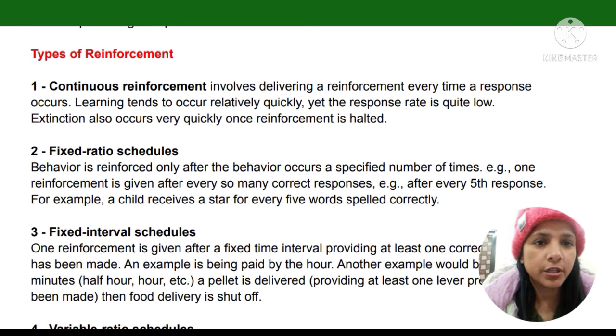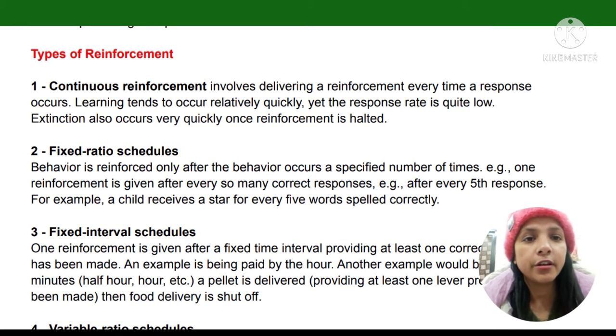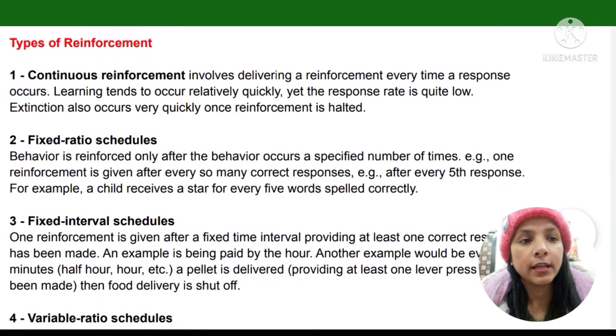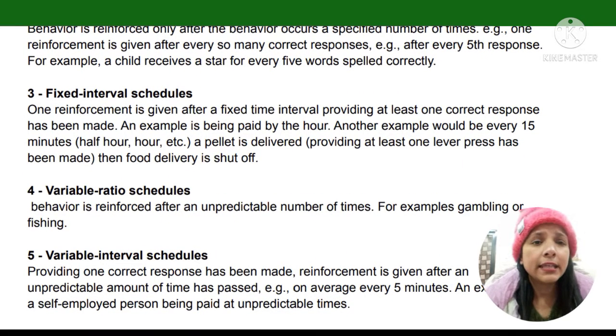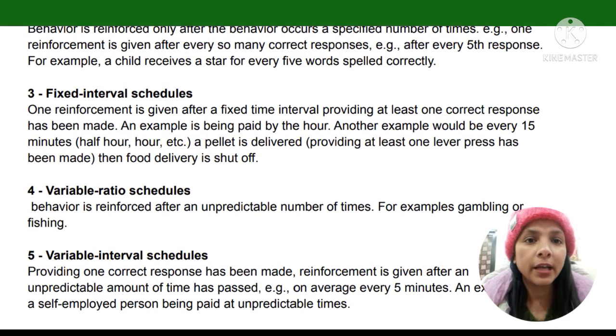Now let's see, third is fixed interval schedules. So what is fixed interval schedules? Here reinforcement is given after a fixed time interval, provided at least one correct response has been made. For example, being paid by the hour. Another example would be every 15 minutes.